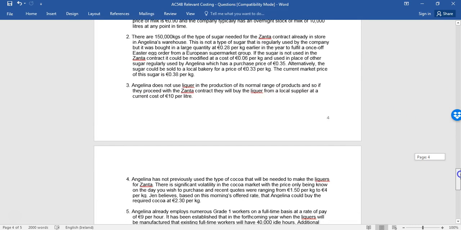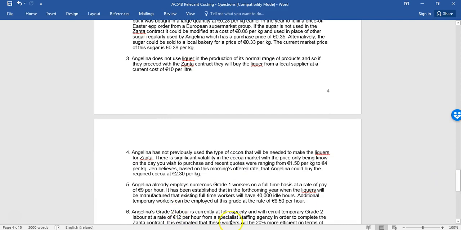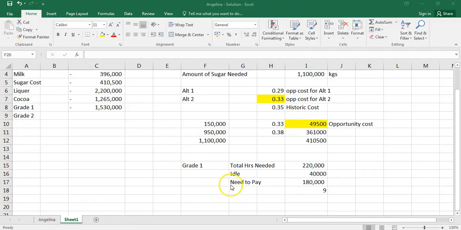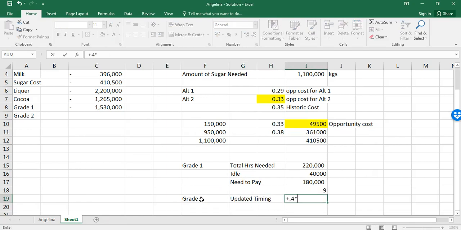The other thing you have to watch here is they're expected to be 20% more efficient. So when you're doing your calculations, you shouldn't be using 0.4 of an hour. You should be using 20% less than that. So actually for grade 2, the updated timing will be 0.4 times 1 minus how much more efficient they are, which is 1 minus 20%.